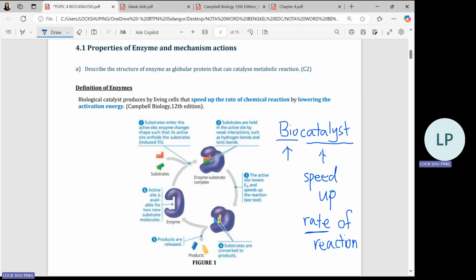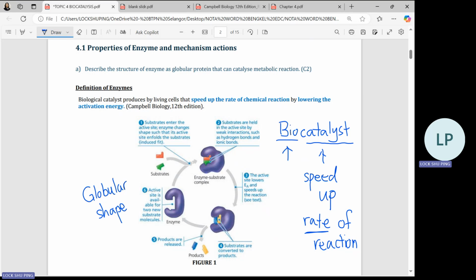Okay, if you look at enzymes, normally they are globular proteins. They have a specific shape. If you look at the structures of enzymes, you're going to notice that they have a globular or spherical shape, meaning that every single enzyme is only capable of functioning when folded into a specific shape.